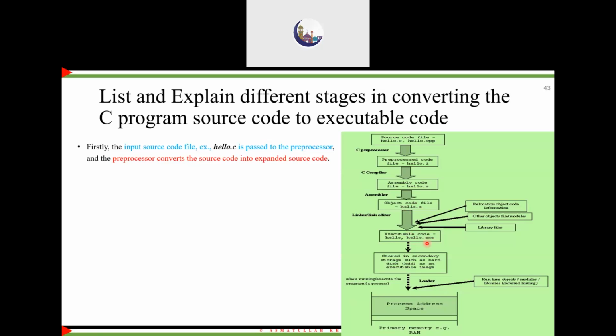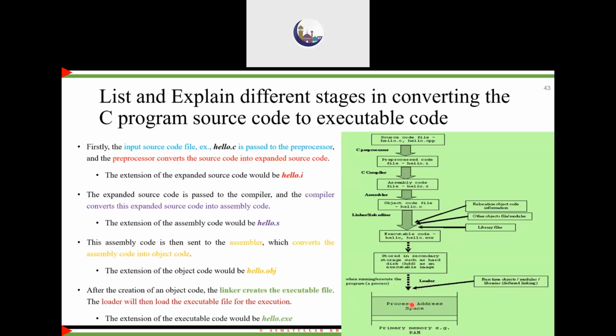Once it is hello.exe, it can be run by the computer only when it has sufficient memory. So to allocate the memory, the loader will pick up that program, assign certain memory from the RAM, and pass it on to some address space. That's all. The same steps have been written here. Please go through it. They are easy for you to understand. The same thing has been written.